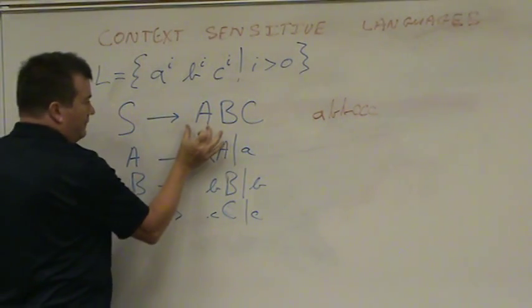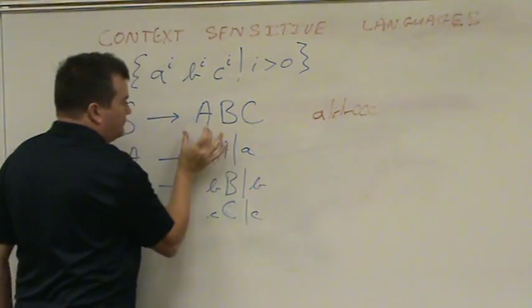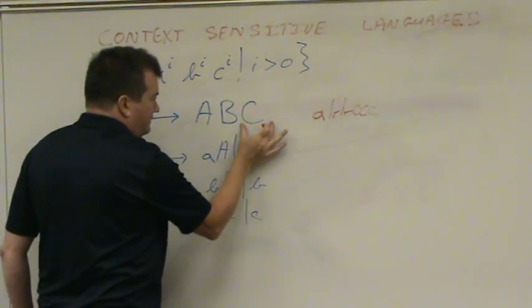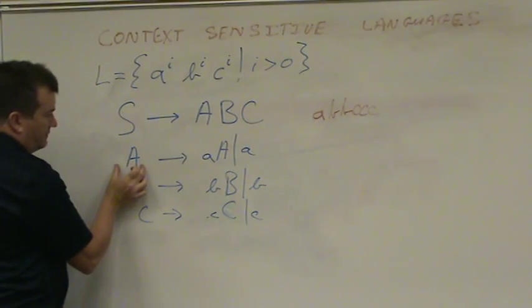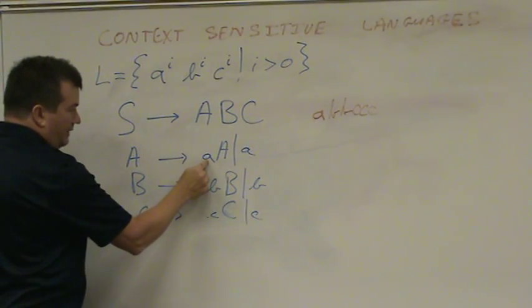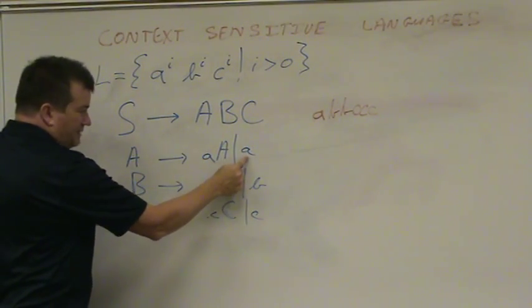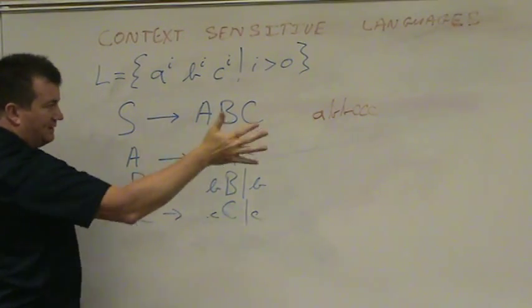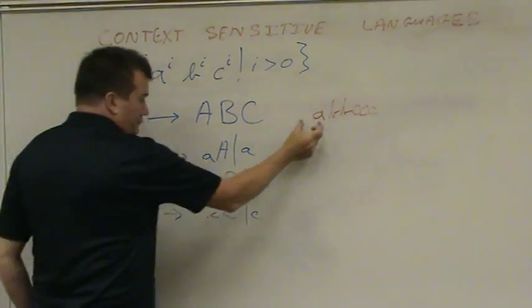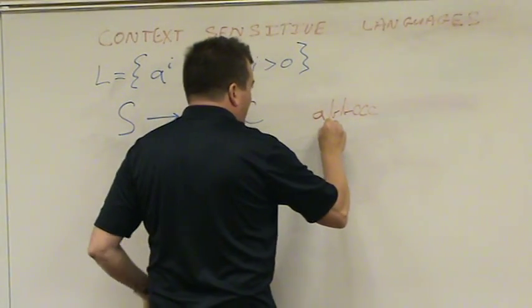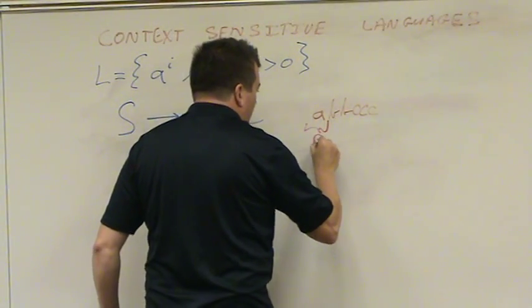Well, it does if this can be broken up into an A section, a B section, and a C section. What is an A section? An A by itself, or maybe an A with more A's after it. And that's true. So this would be considered an A part, an A piece.